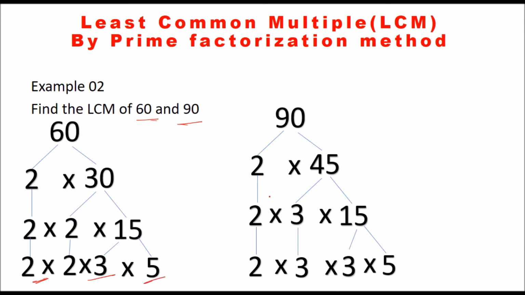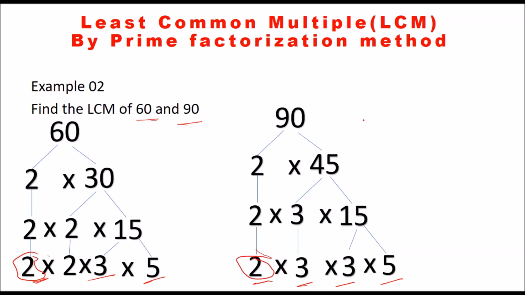The prime factors of 90 are 2 times 3 times 3 times 5. So what we are going to do now is look for those common factors which appeared in both. For example, here we have 2, and also here we have 2.